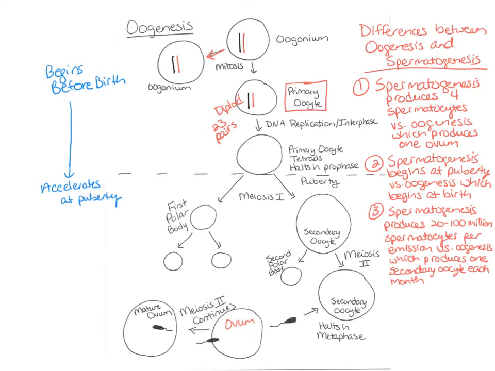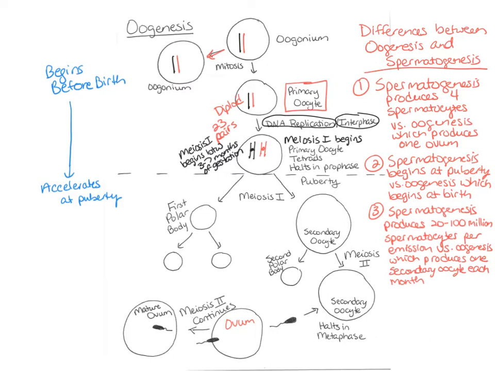There's an interphase between mitosis and meiosis 1, just like we saw in spermatogenesis, and the chromosomes are replicated. Again, this is happening while that baby girl is developing inside the mother's womb. Then the primary oocytes begin meiosis 1 between the 3rd and 7th month of gestation.